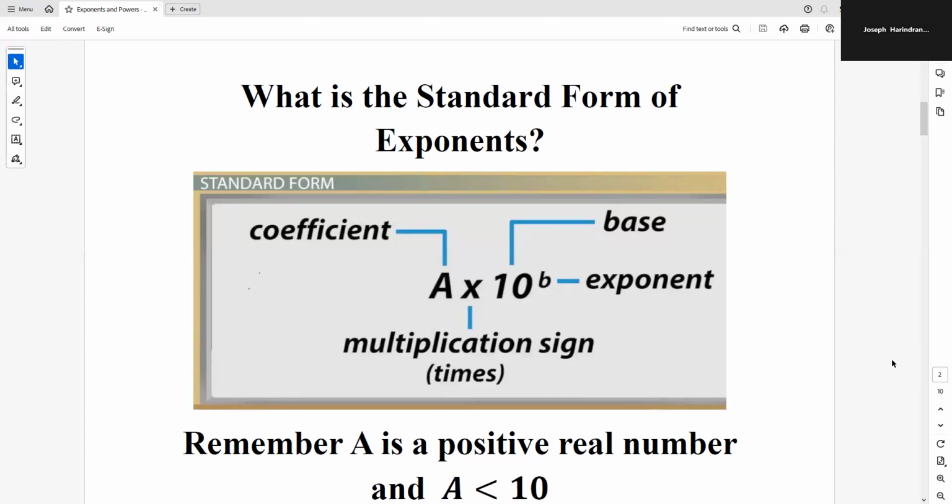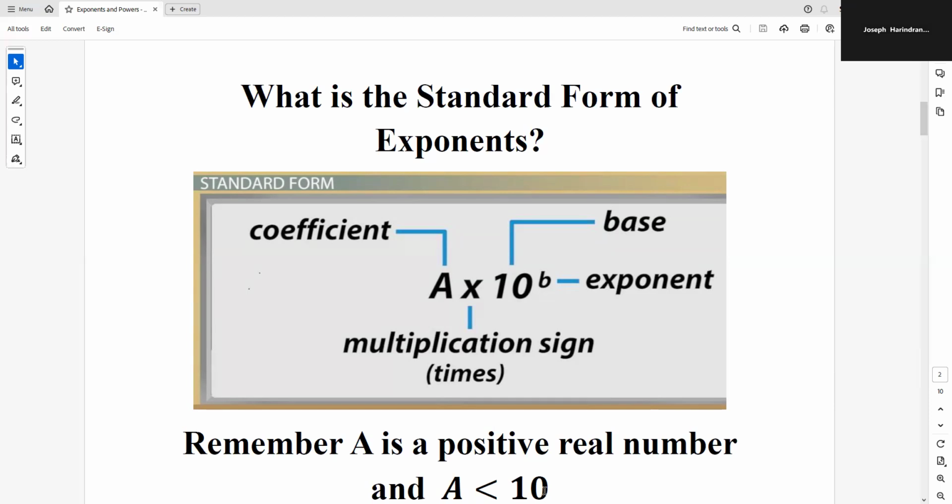Whenever we express a very large number, greater than thousands, 10,000s, a million and so on, or a very small number less than 1, we use this notation to express it in a concise form. So here, that a should be a positive real number which is less than 10.